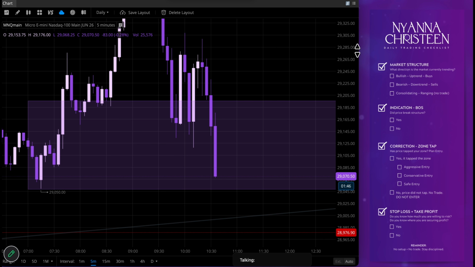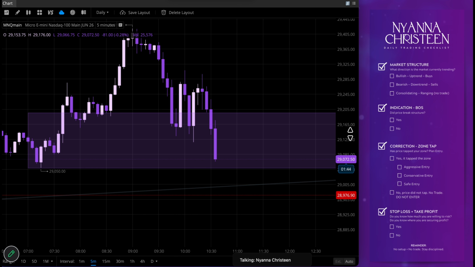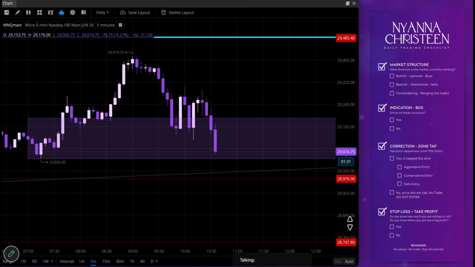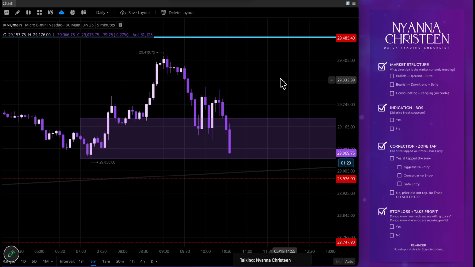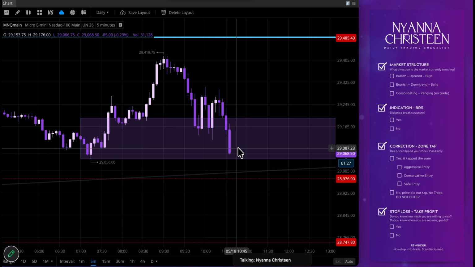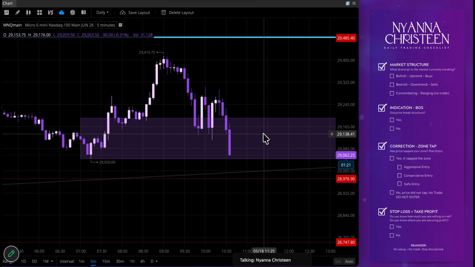Sellers want it today. And that is why I wasn't going to get in unless price broke above here, because it would have been a loss. So that was a great example of why you should wait. Definitely.